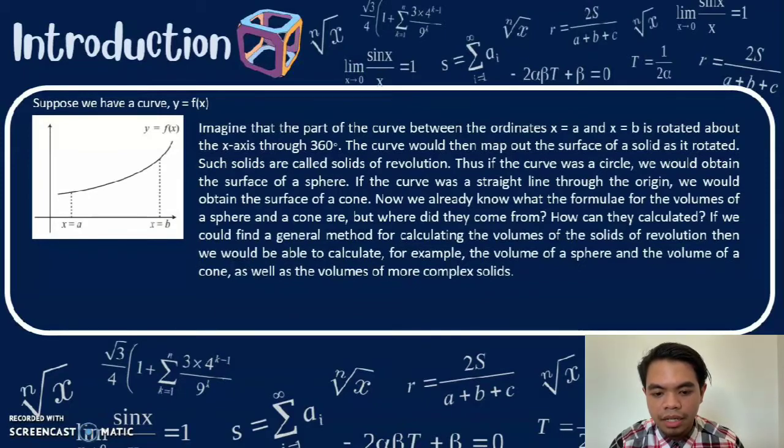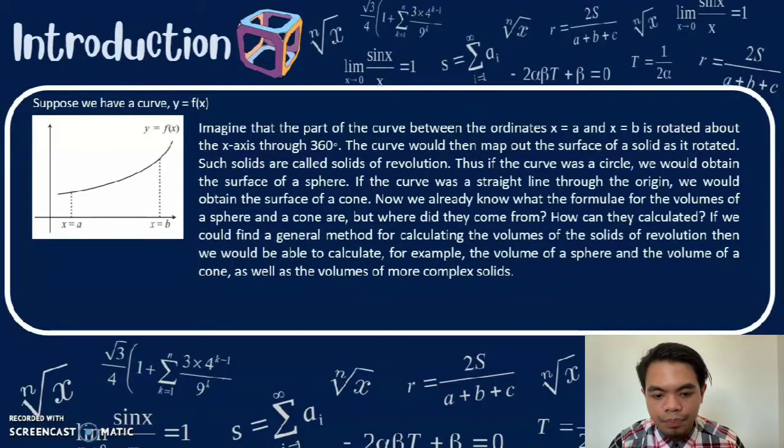Imagine that the part of the curve between the ordinates x equal to a and x equal to b is rotated about the x-axis through 360 degrees. The curve will then map out the surface of a solid as it rotates.